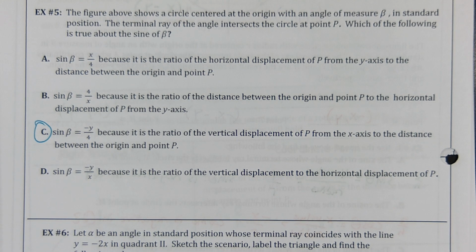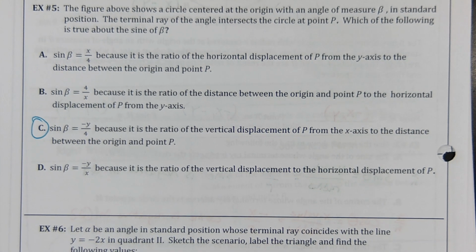If you flip every one of those trig fractions over, you have a different trig function. You mean the reciprocal of sine. The reciprocal of sine is the function cosecant. The reciprocal of cosine is the function secant, and the reciprocal of tangent is the function cotangent. They're not that confusing.